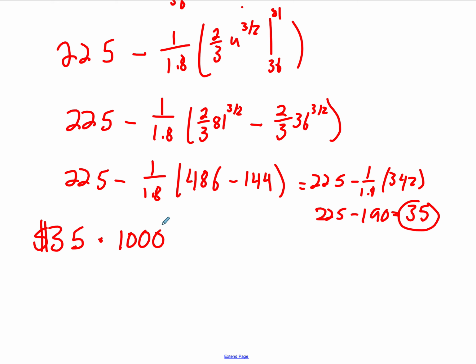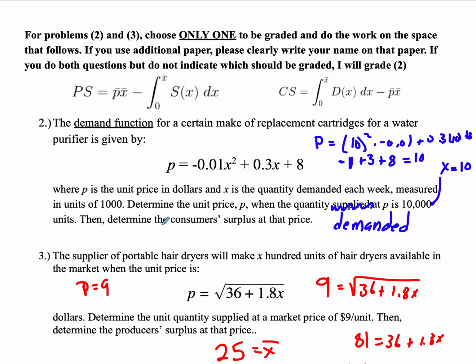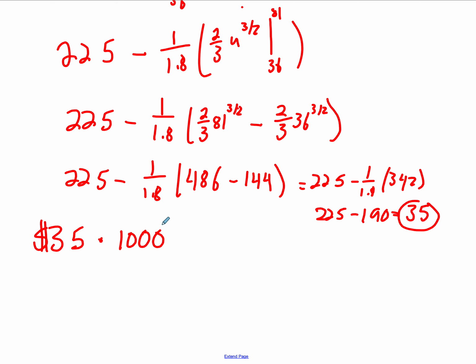So I'm wondering for the whole thing, what's it going to be? So now I'm going to multiply it not by 1,000, actually by 100, because there's 100 things in the box. So I'm doing 35 per unit times 100 units in the box, and that's going to be 3,500 producer surplus.